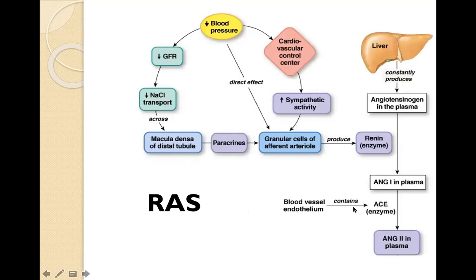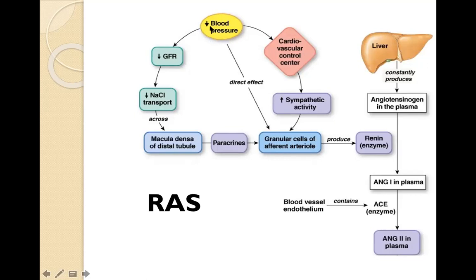So this RAS pathway is mainly used to control blood pressure and blood volume. It's extremely important in doing that. One of the big things that will stimulate this pathway is low blood pressure.